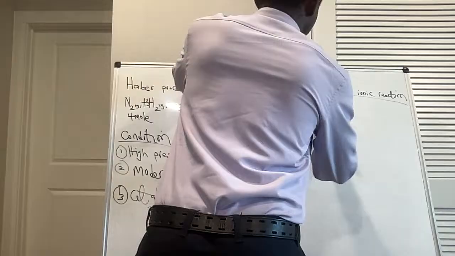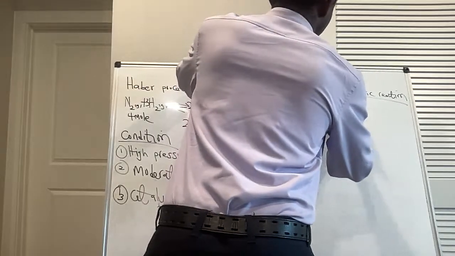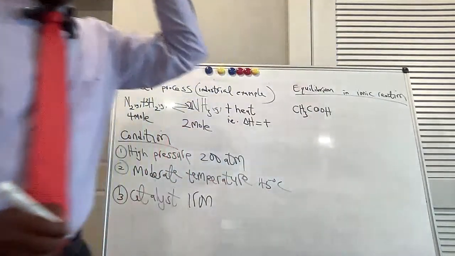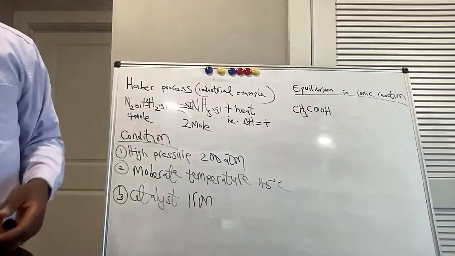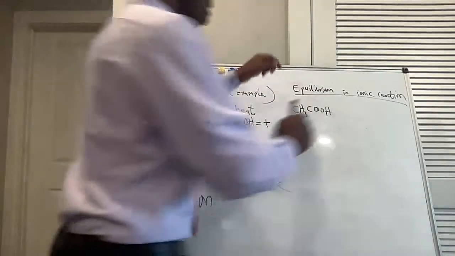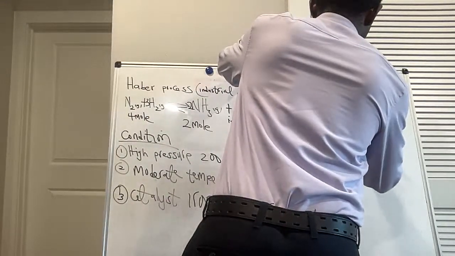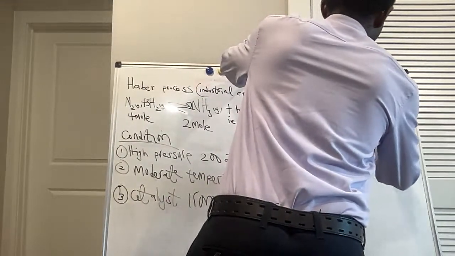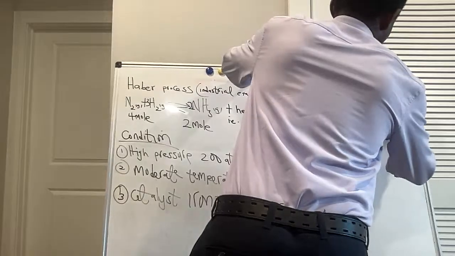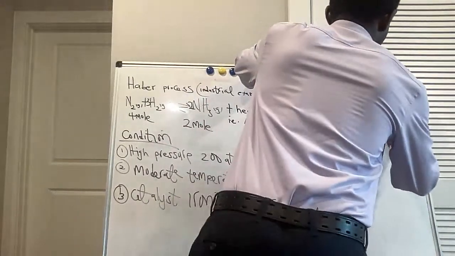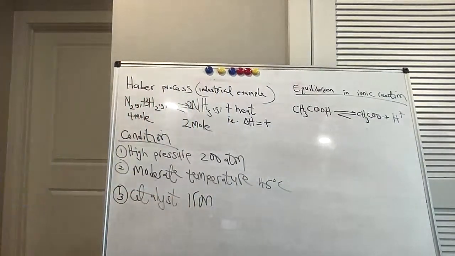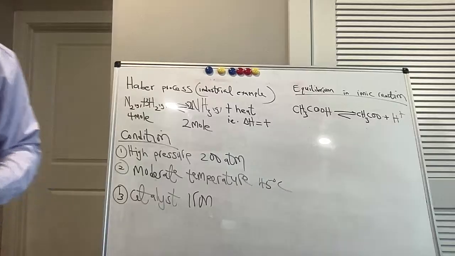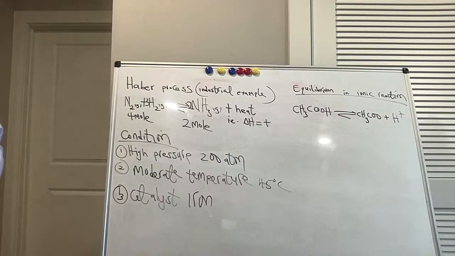Ethanoic acid. This is ethanoic acid. When ethanoic acid, there's H in front of it, undergoes decomposition, that is when ethanoic acid undergoes decomposition, it explains the acidic strength.